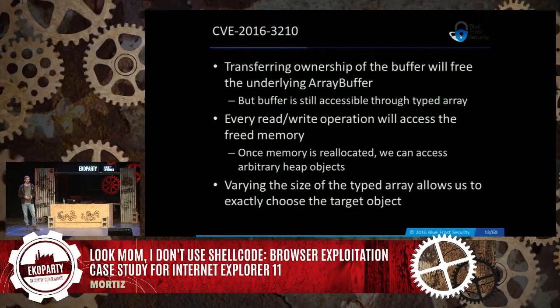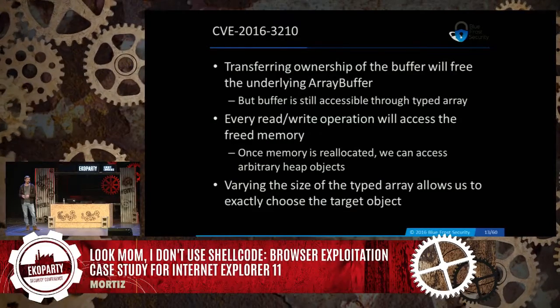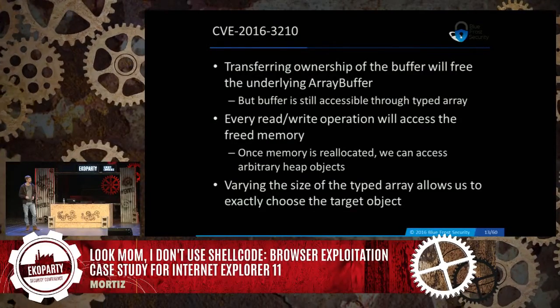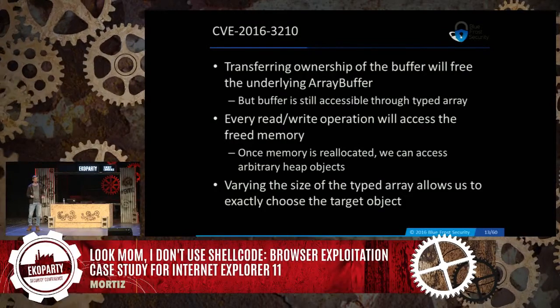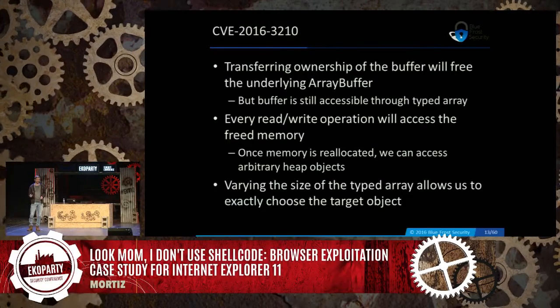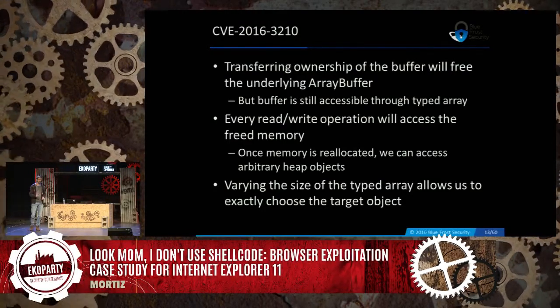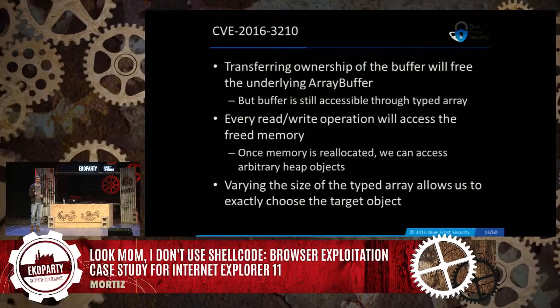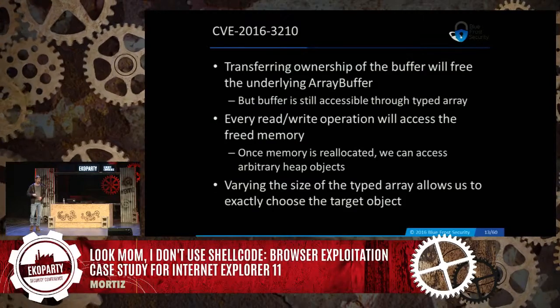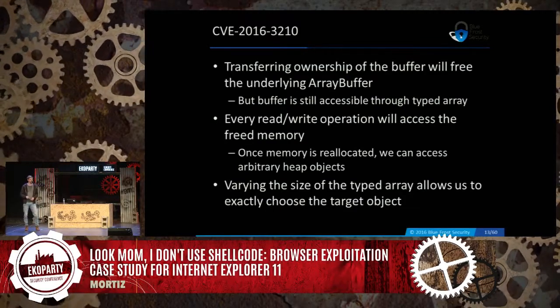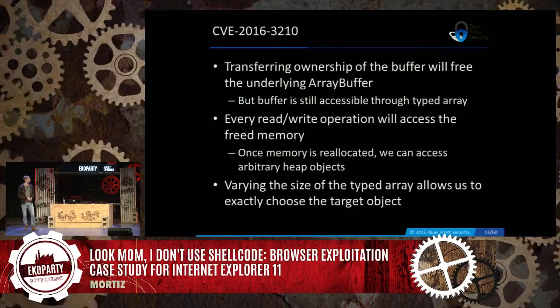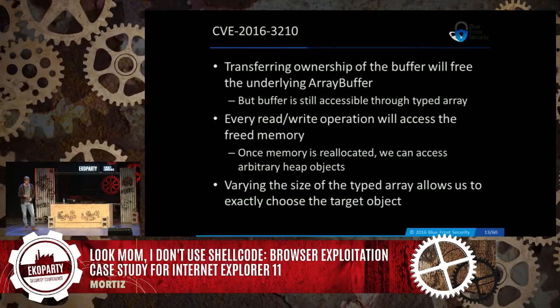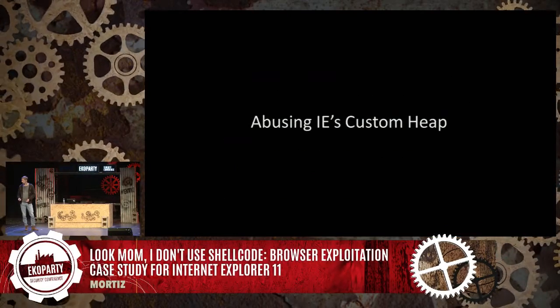So if we know there's a target object we want to corrupt, of a certain size x, we just create a typed array of exactly this size, which will create an ArrayBuffer of the same size, and then we trigger the bug, and we have a free heap chunk of exactly size x. So we just try to allocate this target object, and we can modify it at will. It's a pretty powerful bug.